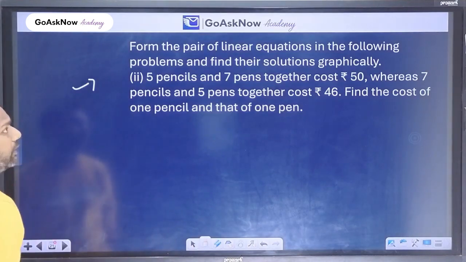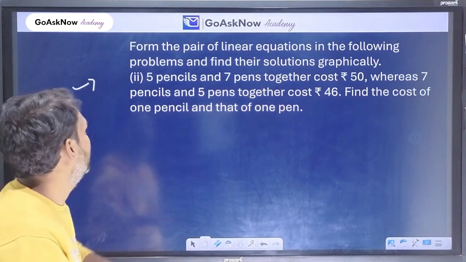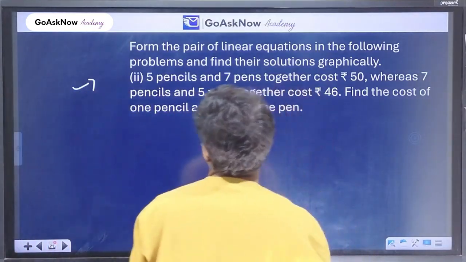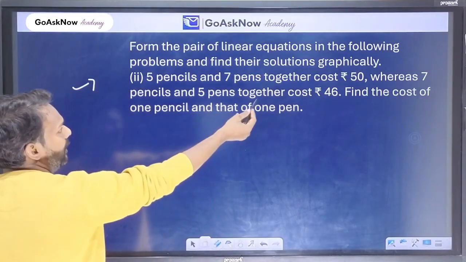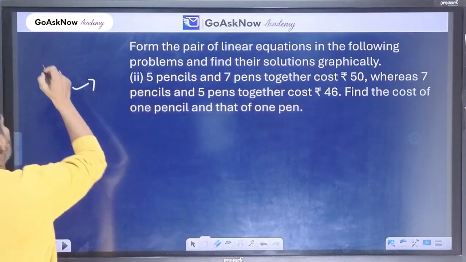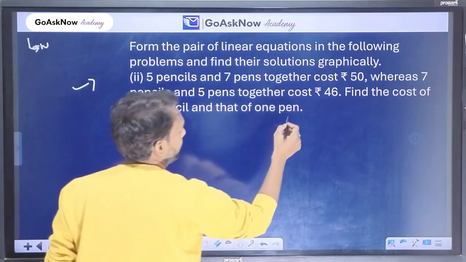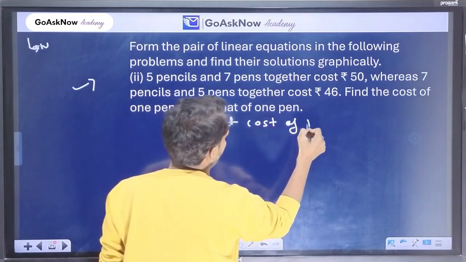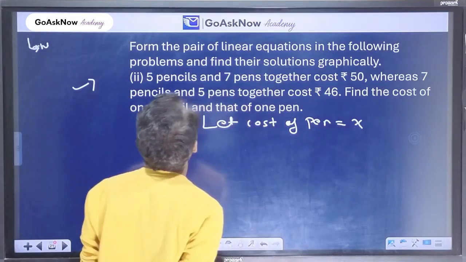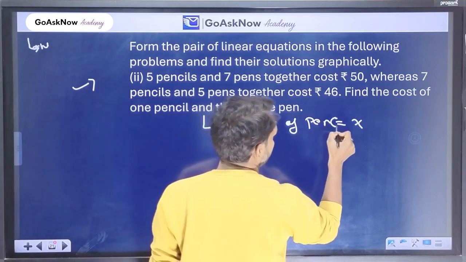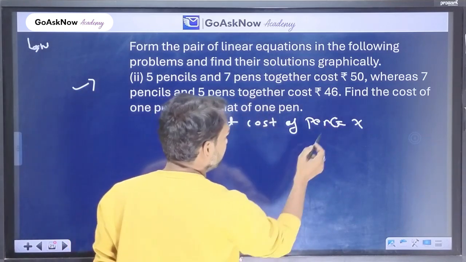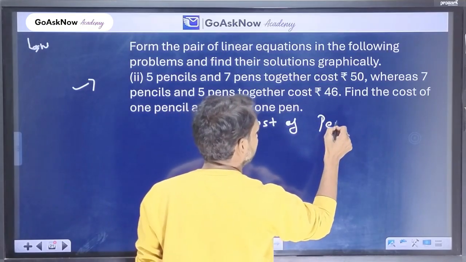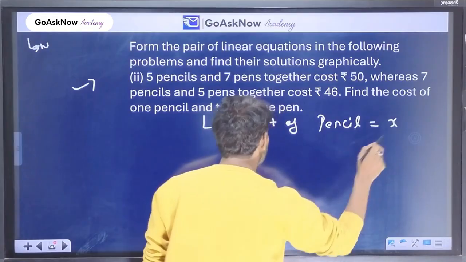Form the pair of linear equations in the following problem and find their solution graphically. So we will just form the equations and do it graphically. 5 pencils and 7 pens together cost rupees 50. Let the cost of a pencil be x.